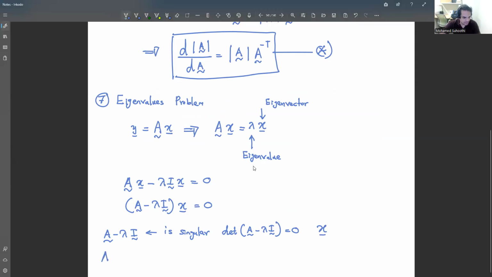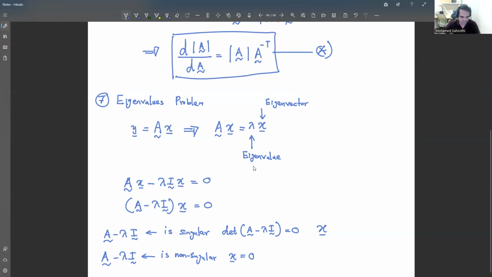Another case is if this matrix is non-singular, meaning the determinant of this one is not equal to 0. Therefore, definitely this vector x must be 0, and only then will this equation be satisfied. In this case the x vector is 0, but we are not interested in the 0 vector.